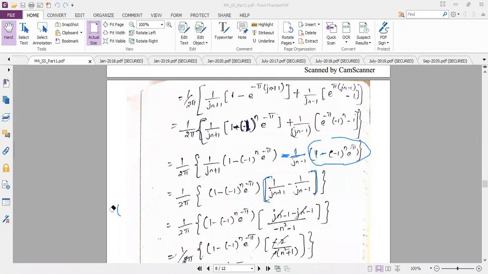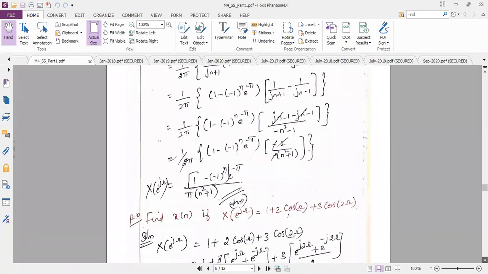See, after this, I no need to tell you what to be done. If LCM is possible, then you have to take the LCM. After taking LCM, some numerator terms will be cancelled. So I'm just showing you the answer. Just tell me whether you're getting this or not. See, this is your answer.